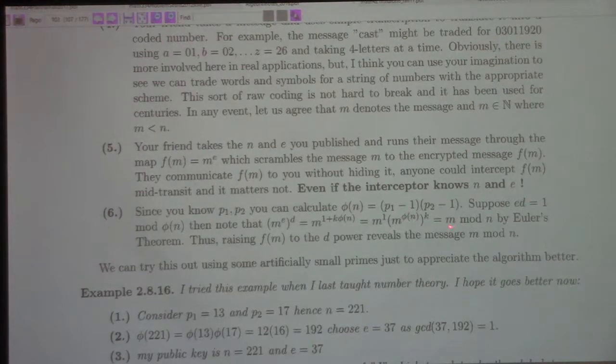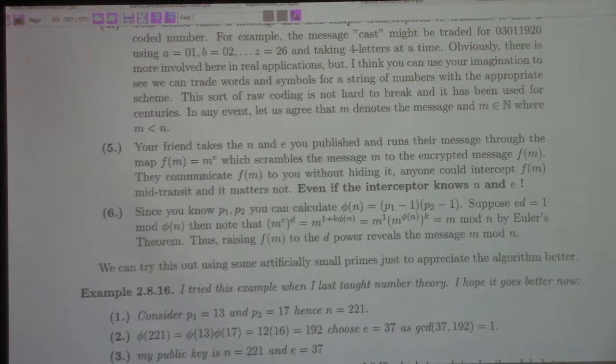And there you go, you get back your message, mod n. So in other words, you can take the encrypted message and run it through the decryption exponent, and then you get m. Other people who don't know the breakdown of n can't do this. So the only thing keeping your message safe is the fact that other people can't factor the product of primes that you gave them.